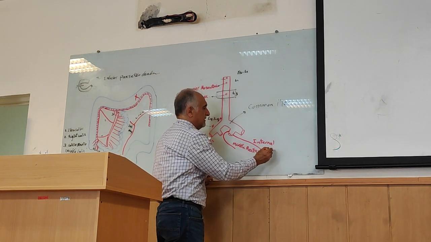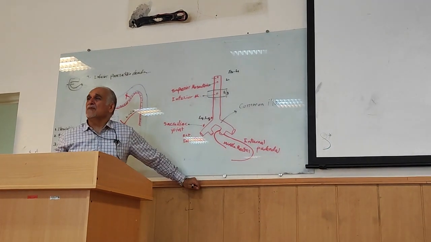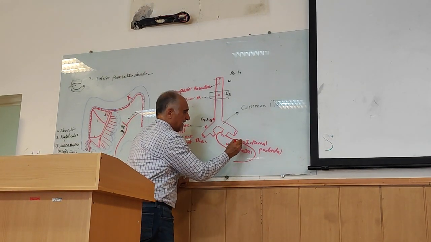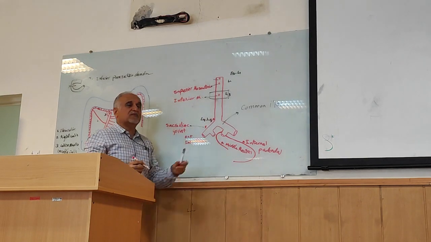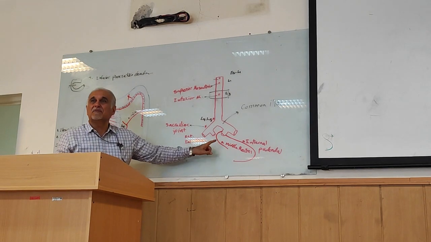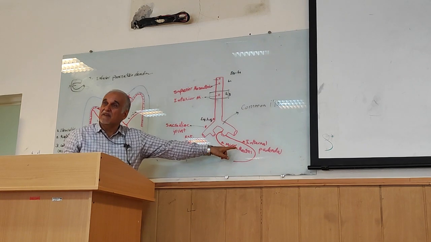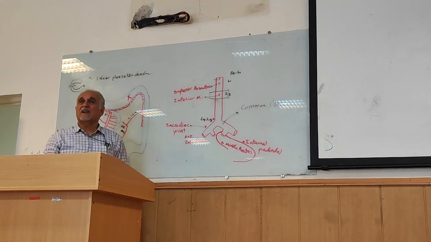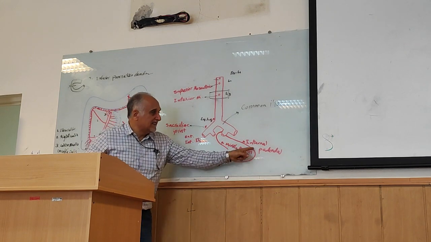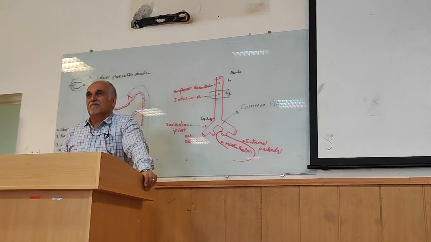Internal pudendal is a branch of the internal iliac, same as middle rectal. But internal pudendal is going to supply the genital system.